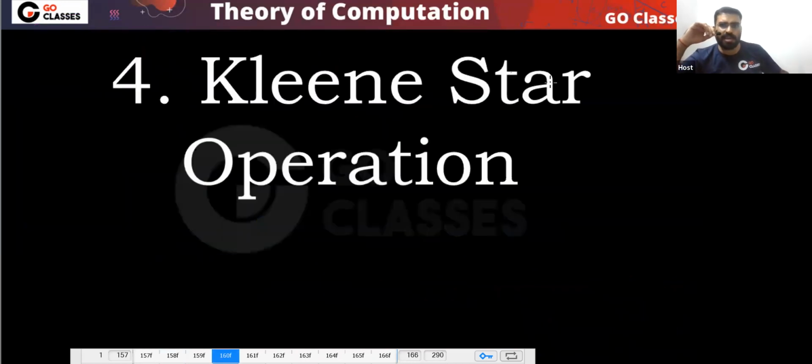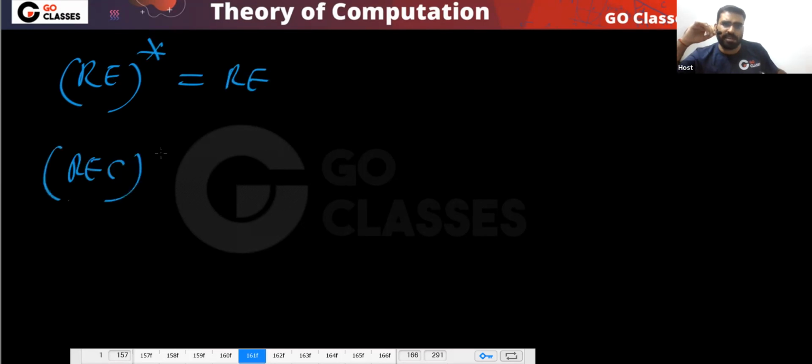Now let's move on. The same idea you can apply for Kleene star. If you have an RE language, its Kleene star will be RE, and if you have a recursive language, its Kleene star will be recursive.